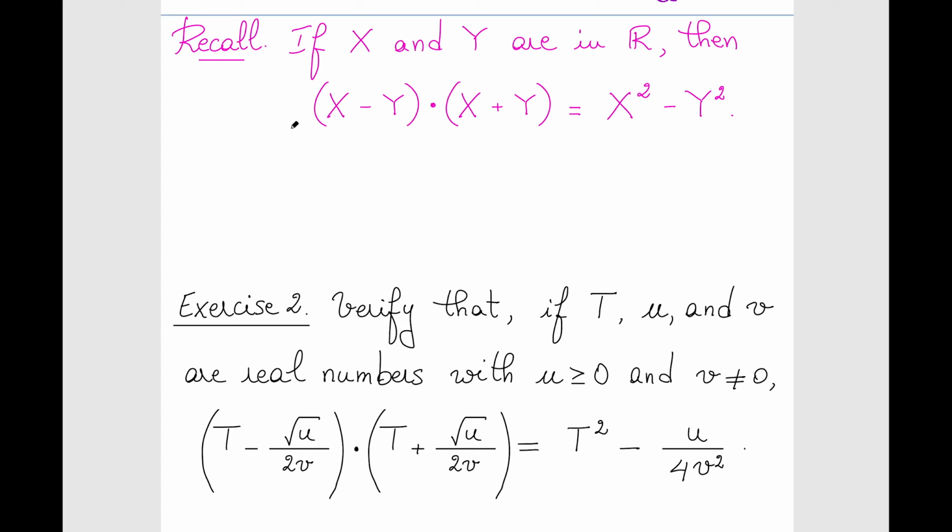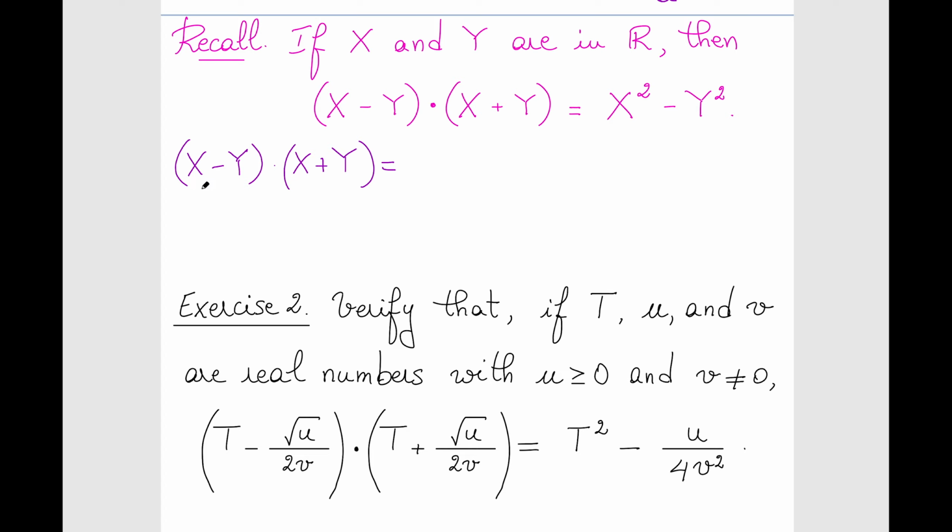Okay, let's do it. So x minus y times x plus y, let's FOIL it out, and we should get the right-hand side, right? Let's do that. So x minus y times x plus y.